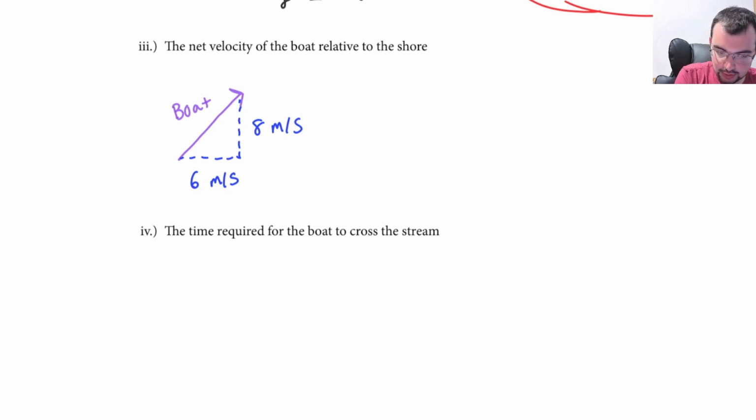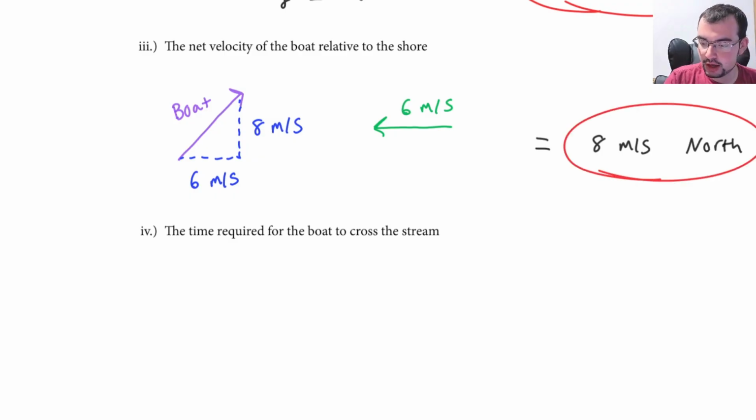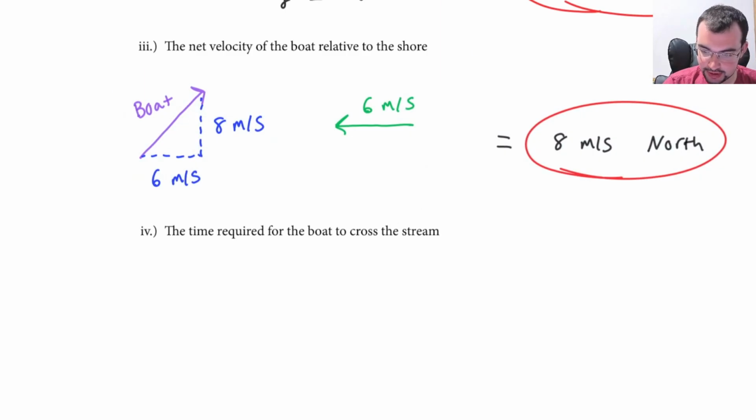And then we also had the water, this. So if we add these together, notice that the 6's cancel, so we get 8 meters per second due north, which is exactly what we wanted, right? We wanted the boat to go undeflected north. So that's just sort of illustrating why we did the process we did.